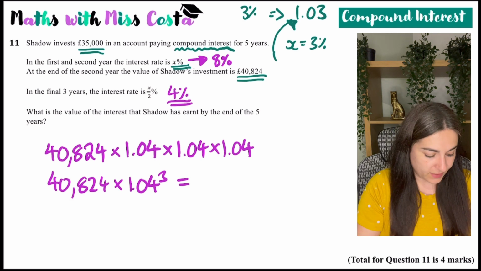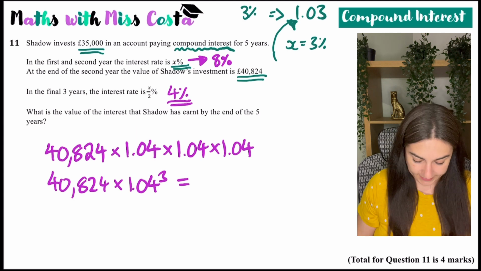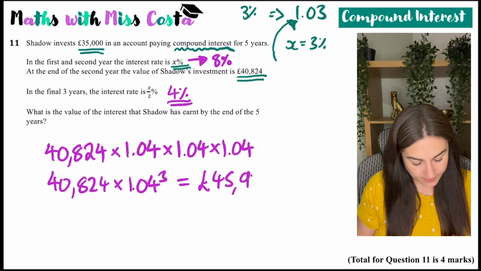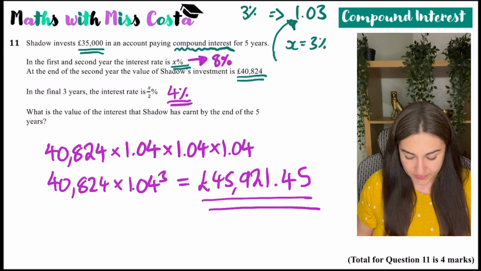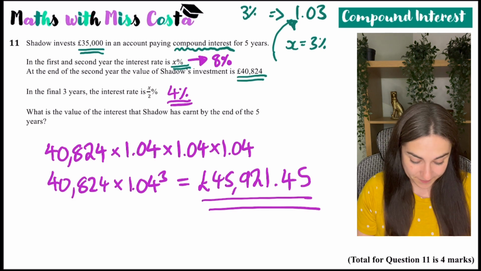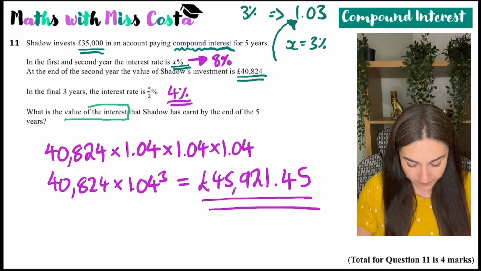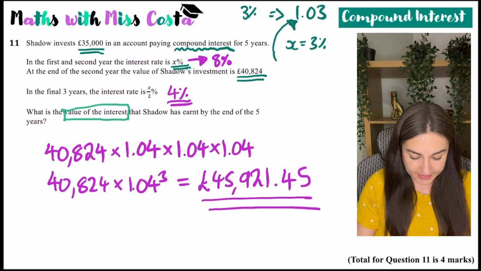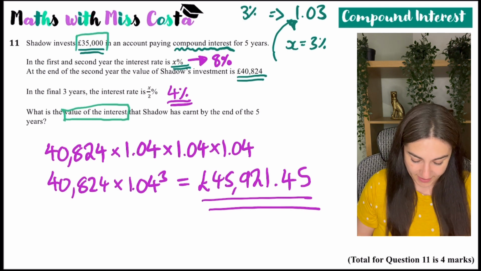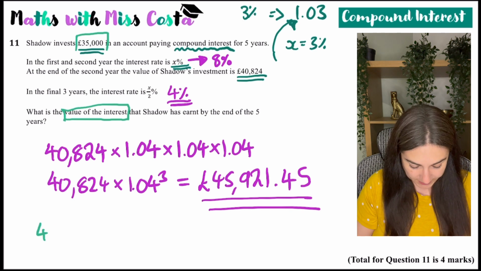And that would give me 40,824 times 1.04 cubed is £45,921.45. I've just rounded it. But read the question carefully. It says, what is the value of the interest that Shadow has earned by the end of the 5 years? So if he invested £35,000, then we're just going to subtract that.